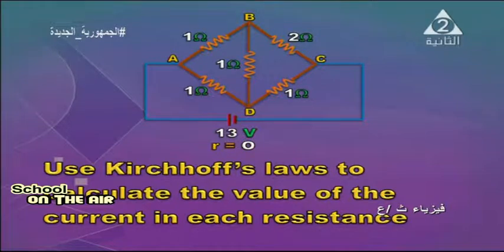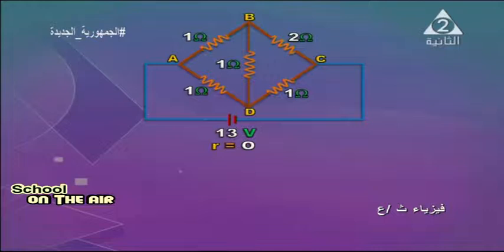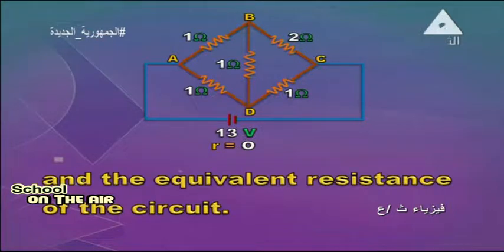So we want the current that flows through each resistor and the total current, of course. Now we want the equivalent resistance of the circuit so as to be able to get the total current.